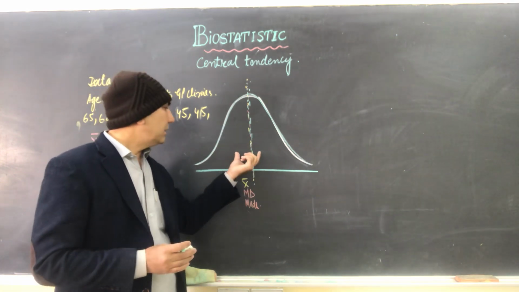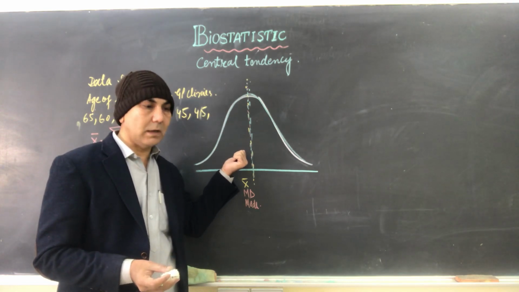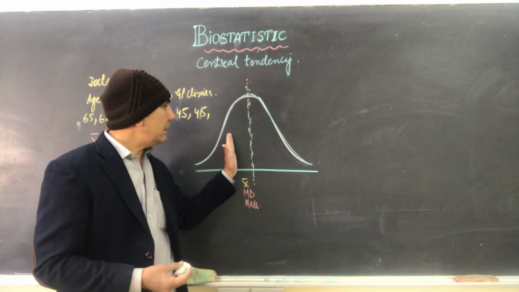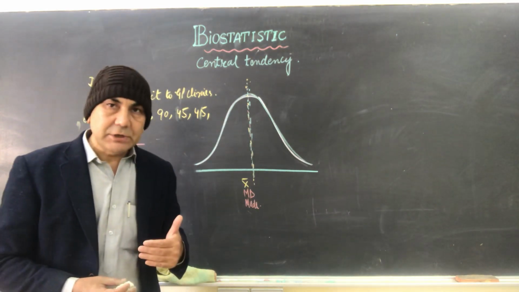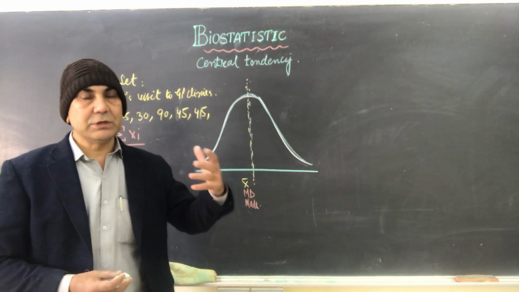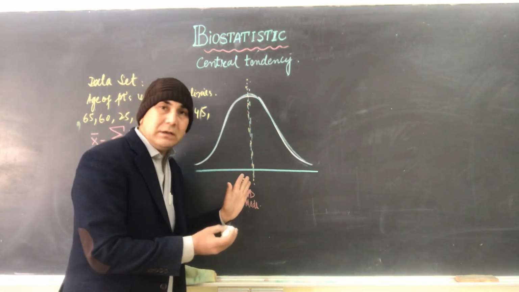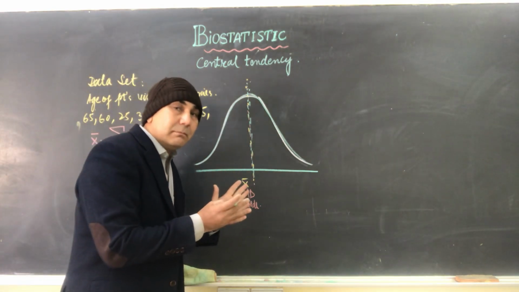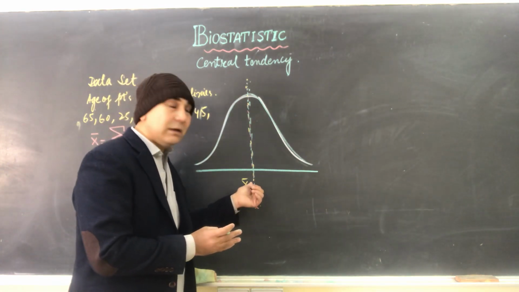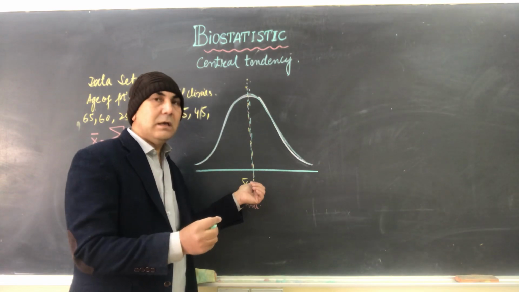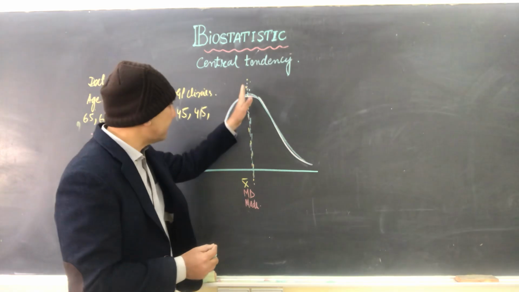The left half of the normally distributed data is the mirror image of the right side. So the mean, the mode and the median of the data are always present in the center.